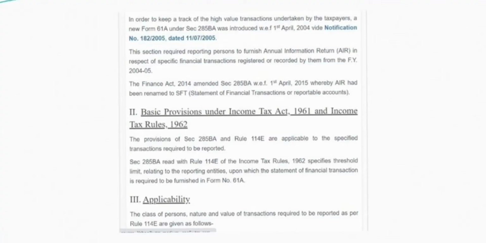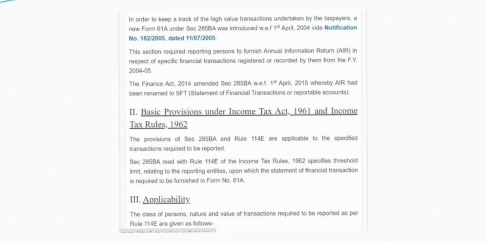The story of these statements, this information about the income we earn, is not something new. It all started in 2004 in order to keep track of the high value transactions undertaken by taxpayers. Somewhere in 2004, Form number 61A was introduced under section 285BA. It was with effect from 1st April 2004, vide notification number 182/2005 dated 11/7/2005.